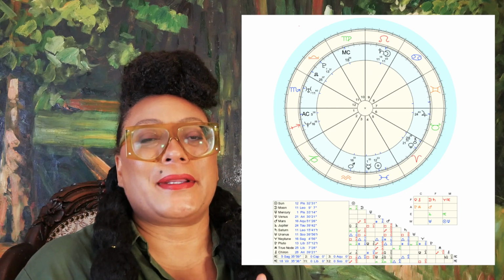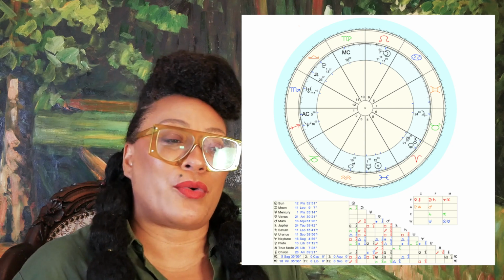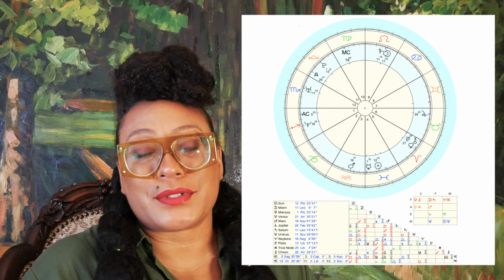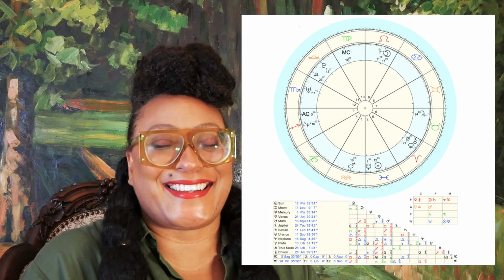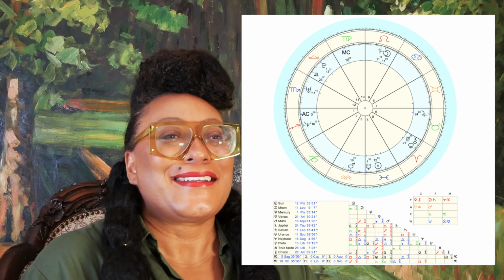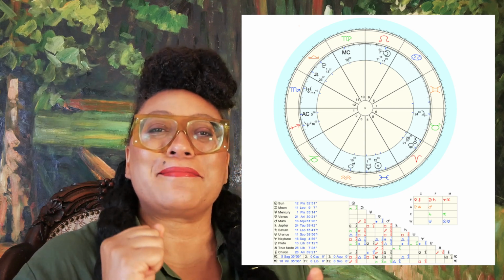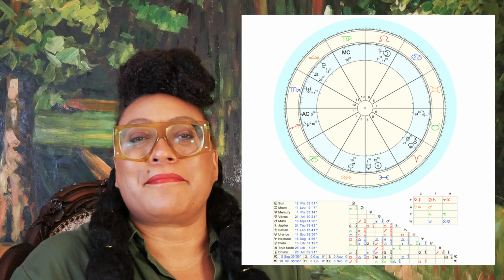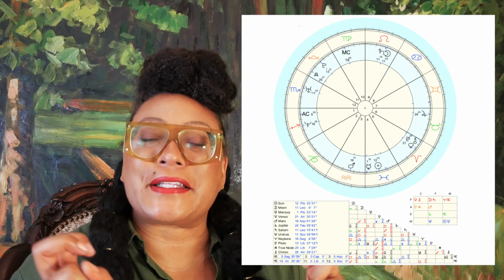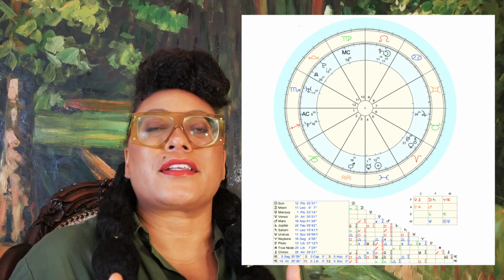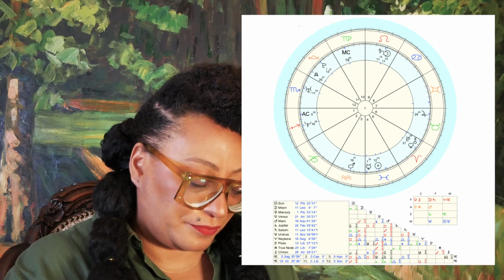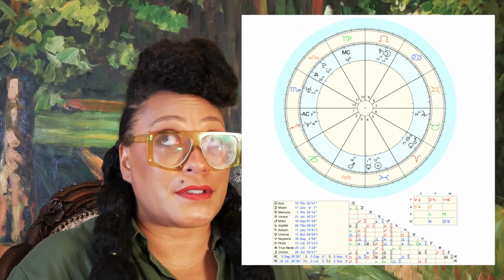But then when I am insecure and talking about more mundane matters, it is confusing. It's honestly confusing, and people seem to willfully misunderstand me, and it gets to be very frustrating. But that is one way that the experience of a planet in detriment can show up in our charts and our lives.